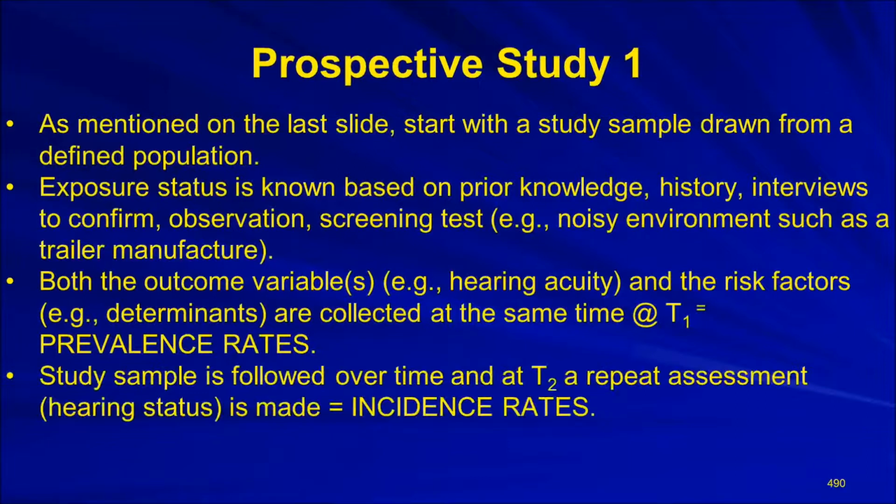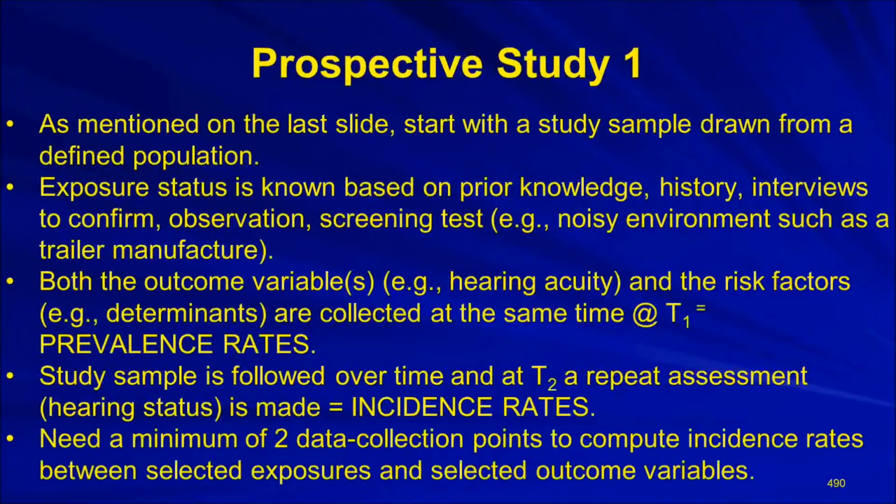Now, the study sample is followed over time, and at T2, a repeat assessment is done on hearing status, and then we calculate incidence rates. Okay? So, you need a minimum of 2 data collection points to compute incidence rates between the selected exposure and selected outcome variables.